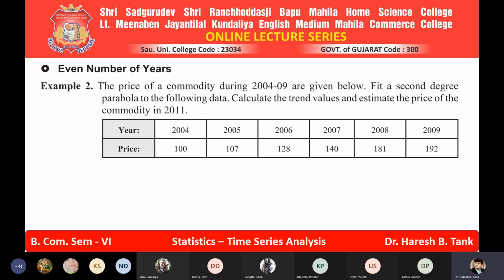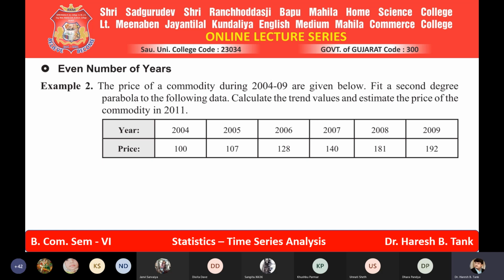Now, the first column is titled year. The first thing to be done is, first of all, observe how many observations are given to you. 2004, 2005, 6, 7. That means there are 6 different observations. So your capital N is 6. And 6 is an even number. So always what you will have would be 2 different years as the middle year.